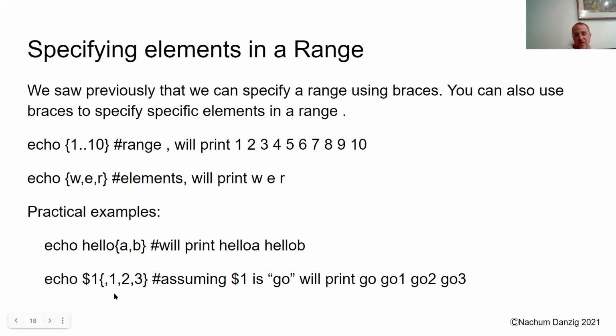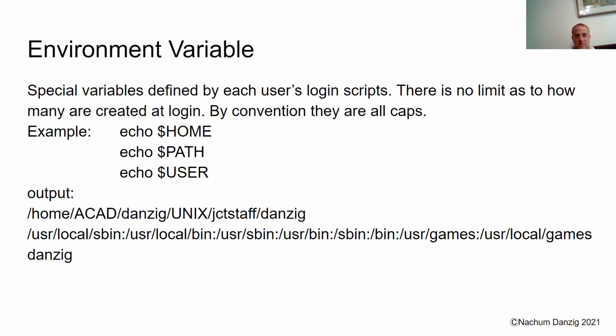What does that mean? The first element is the blank element, so it'll print go without anything after it. If $1 is go, then it'll print go, and then go 1, and then go 2, and then go 3. I can even have a blank element in my list of elements.